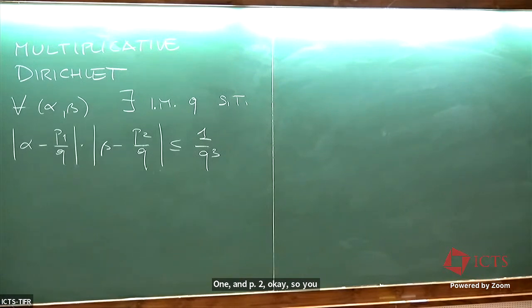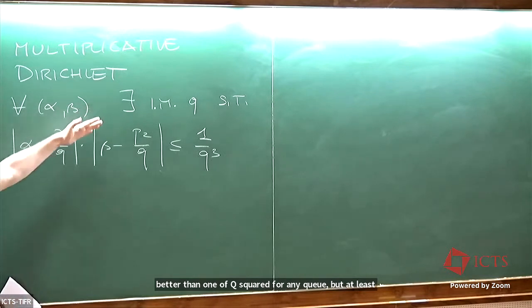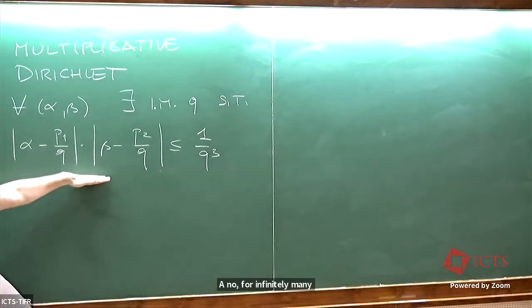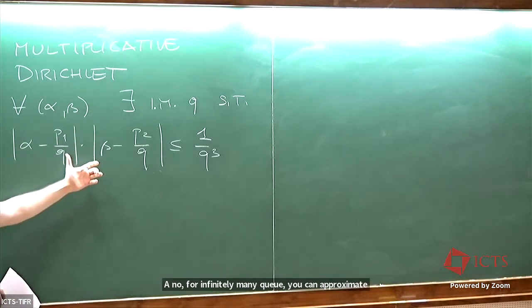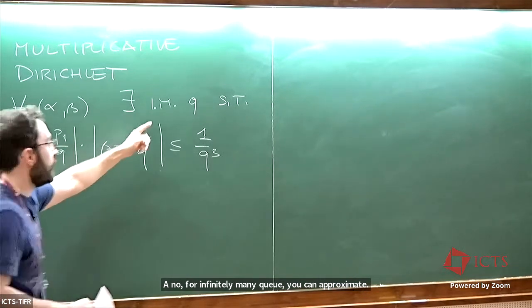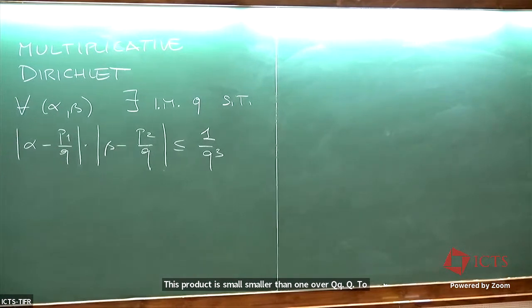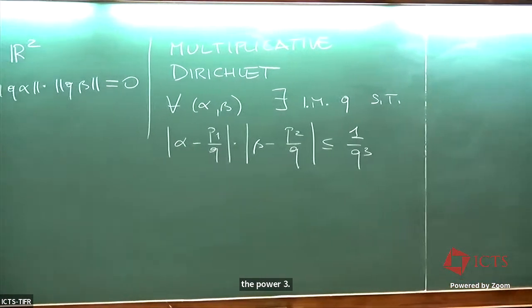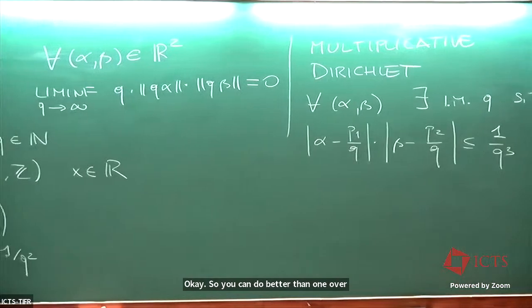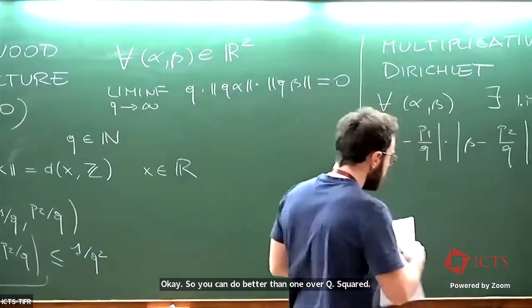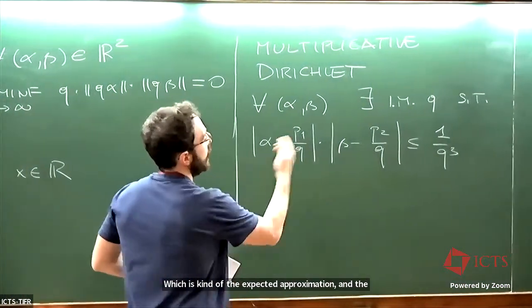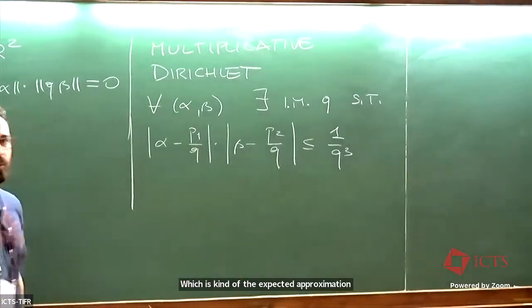Okay, so you cannot do better than 1 over q squared for any q, but at least for infinitely many q, you can approximate so that this product is smaller than 1 over q to the power 3. Okay, so you can do better than 1 over q squared, which is kind of the expected approximation. And the point is, can you always do better than 1 over q cubed?